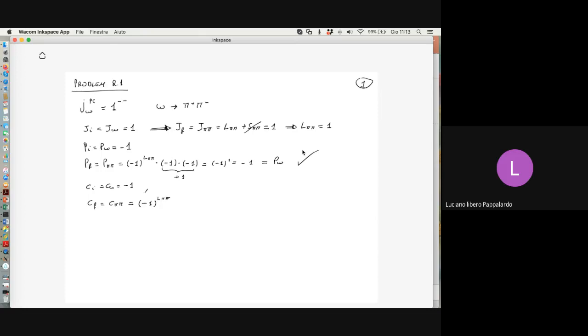Okay, so we don't have to include the asymmetry of the spin component of the wave function because pions are spinless bosons. Okay, so this is -1 to the 1. That is also -1, so it coincides with the initial state charge conjugation eigenvalue, and so we can also claim that charge conjugation is conserved.